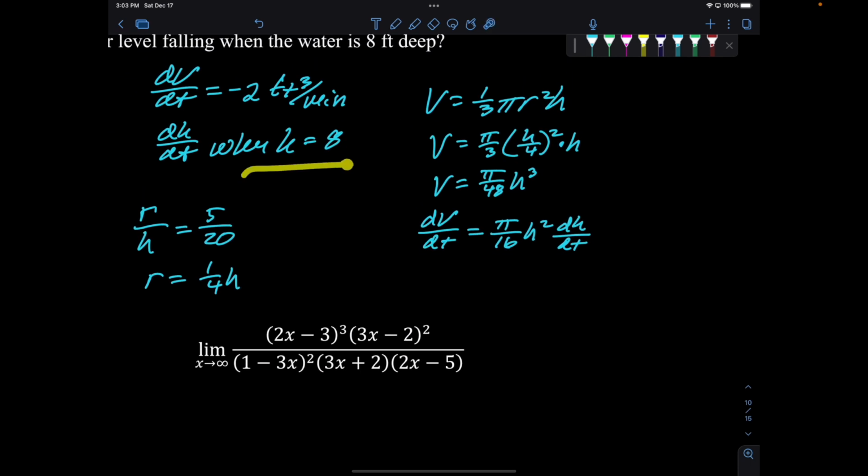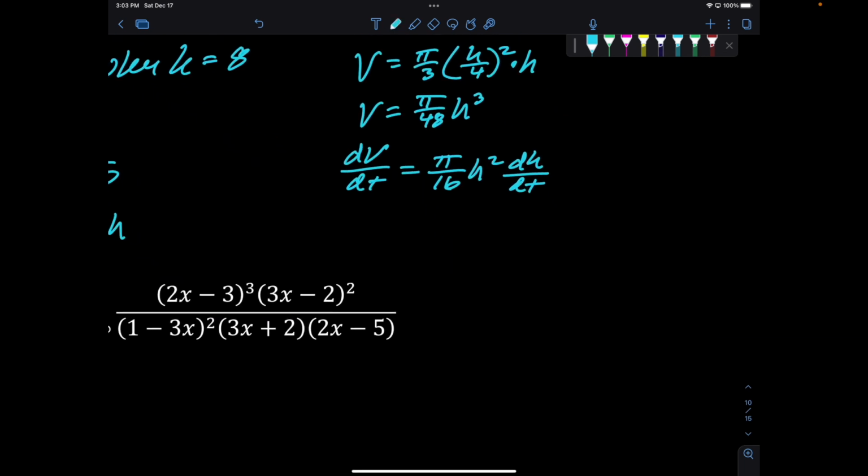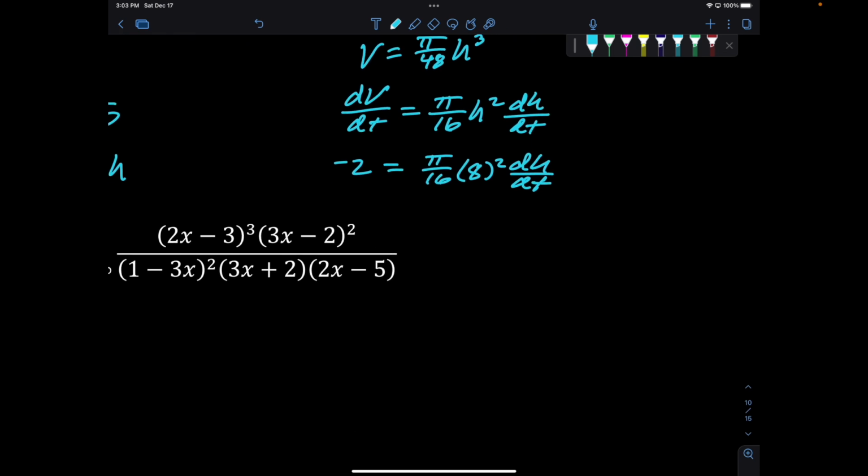So we know that h is 8 and dV/dt is -2. So -2 is π over 16, 8 squared, dH/dt. And so 8 squared is 64. 64 over 16 is 4. So really, -2 is 4π dH/dt.